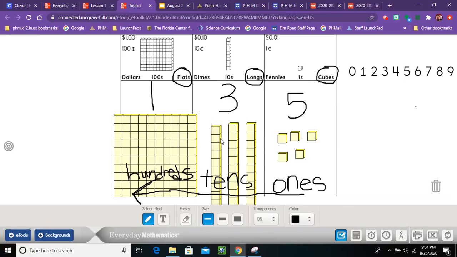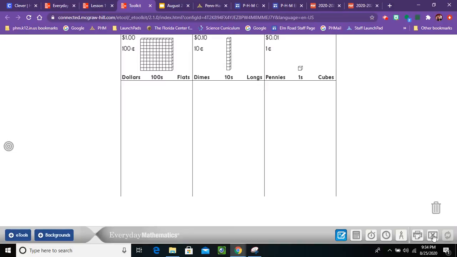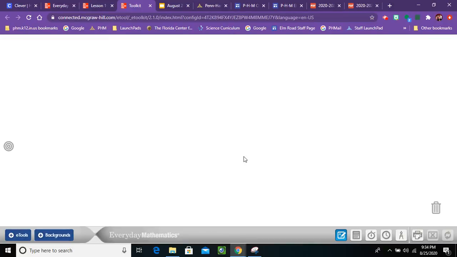This is the tens place, and there are 3 groups of 10. This is the hundreds place, and there is 1 group of 100 cubes. All right, let's go ahead and make all of this go away. Ooh, it's like magic.